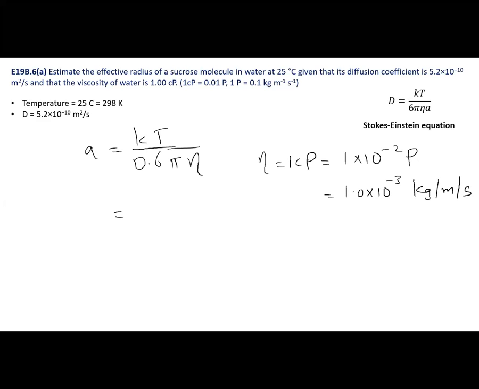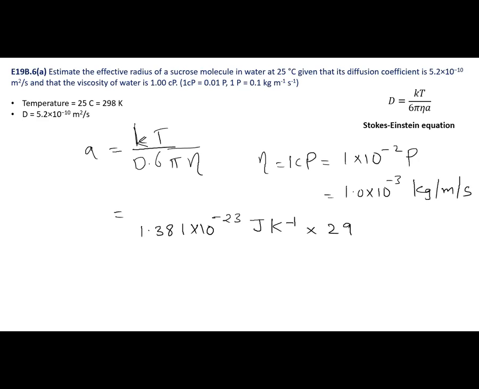So K here is the Boltzmann constant, which is 1.381 times 10 power negative 23 joule per Kelvin, times 298 Kelvin.